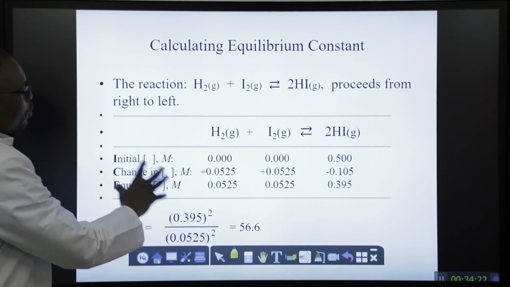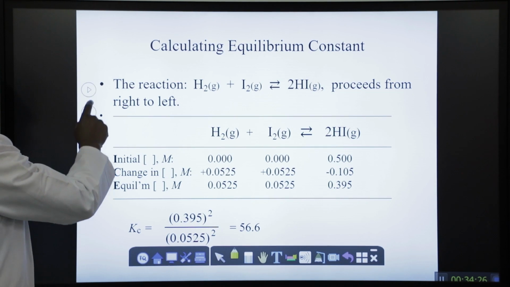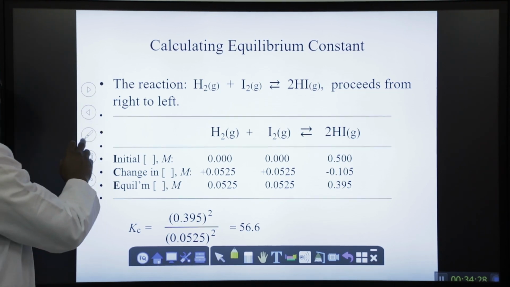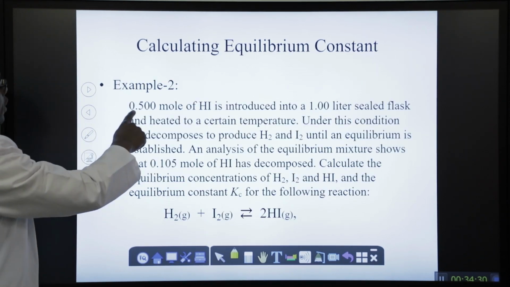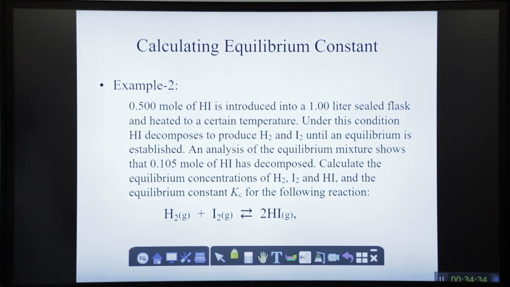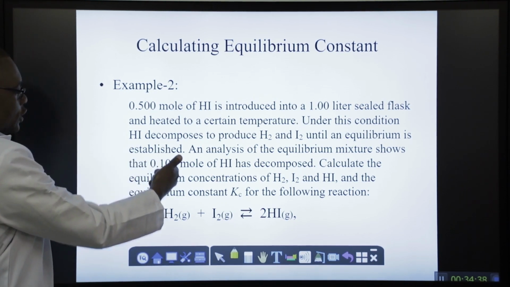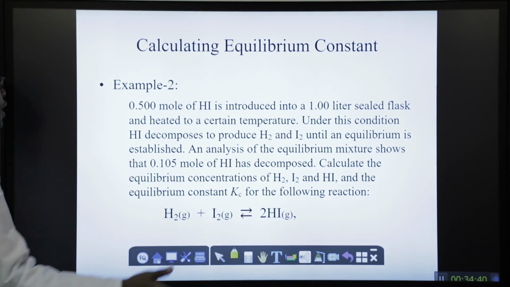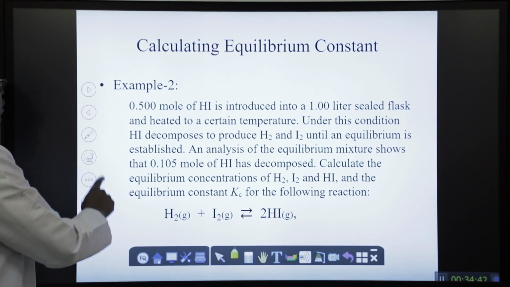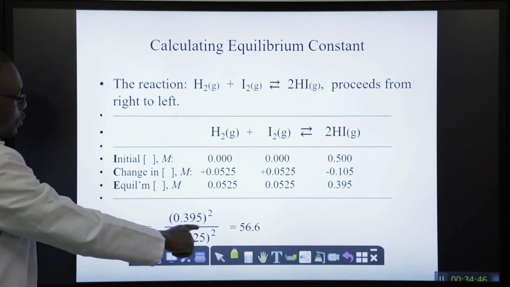So when you do your interpretations, you first convert these quantities, these are number of moles, and you've got the volume, you change them to concentration, and then you also change this number of moles to concentration, and then you plug it into your equilibrium expression, where you are saying Kc is equal to this.